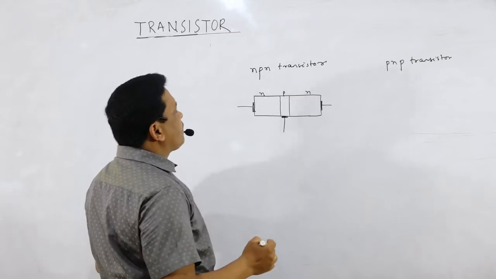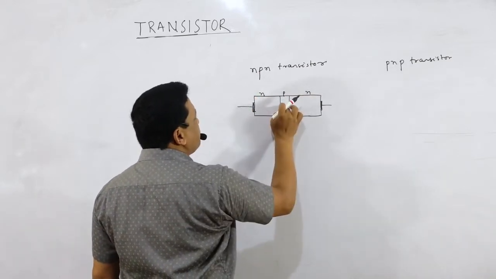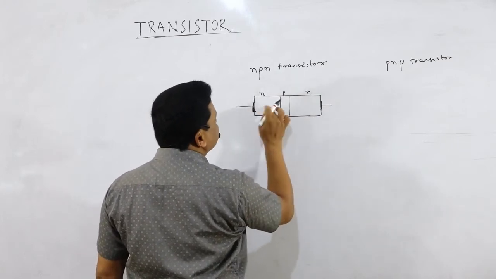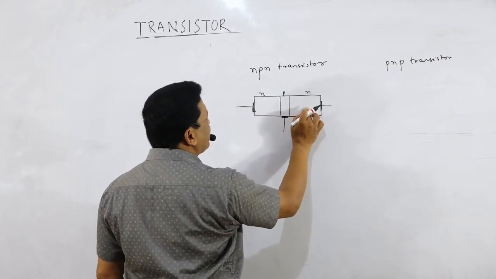So look here. These are 2 N-type semiconductors and this is a P-type semiconductor, and these are the 3 sections. This is emitter section, base section, collector section.